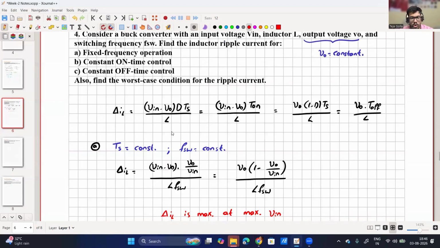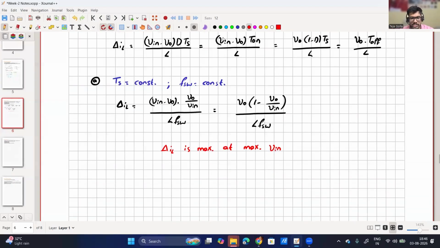Now let us go to constant on time control. I'll use this V in minus V0 into T on. So case B, T on is constant, and of course V naught is also constant in all the cases.